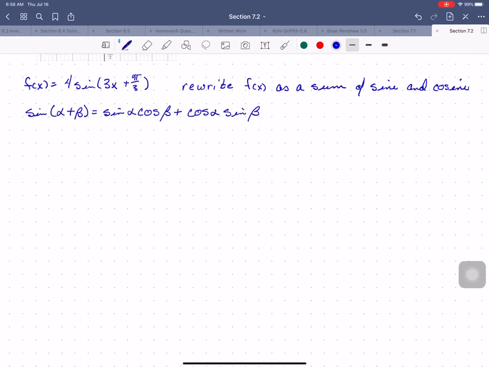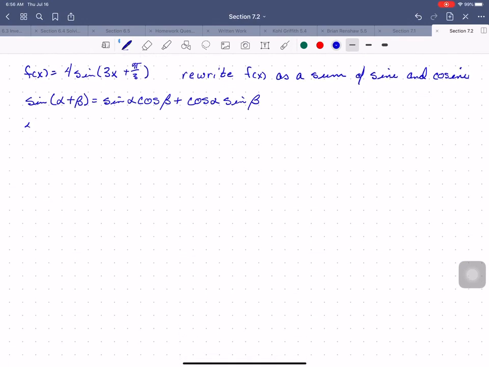So that means that 4 times the sine of 3x plus pi over 3 is going to be equal to 4 times the sine of 3x times the cosine of pi over 3 plus the cosine of 3x times the sine of pi over 3.